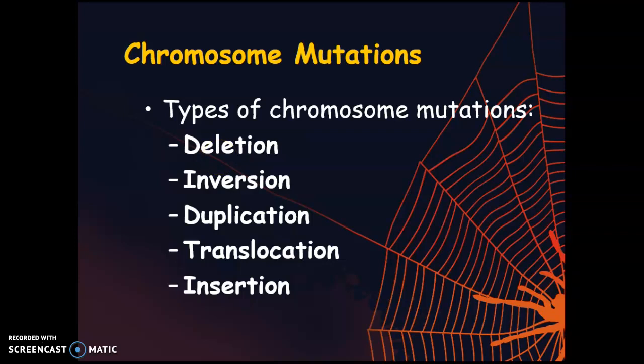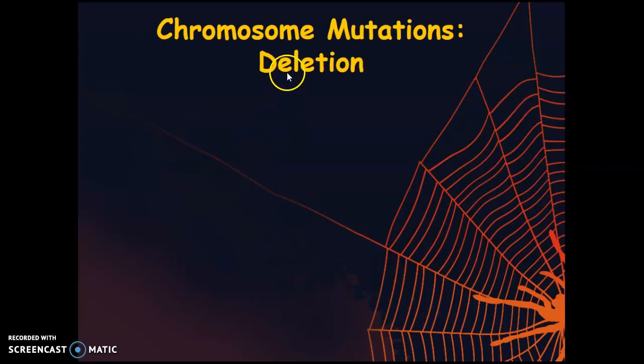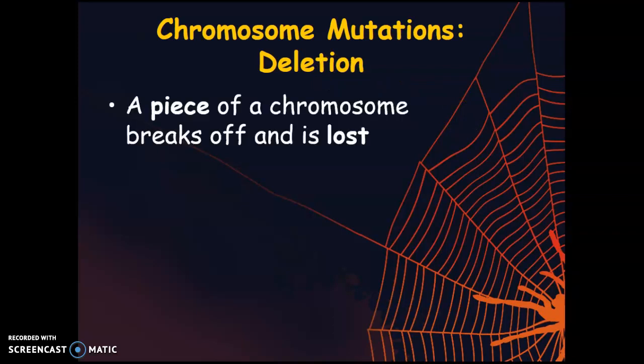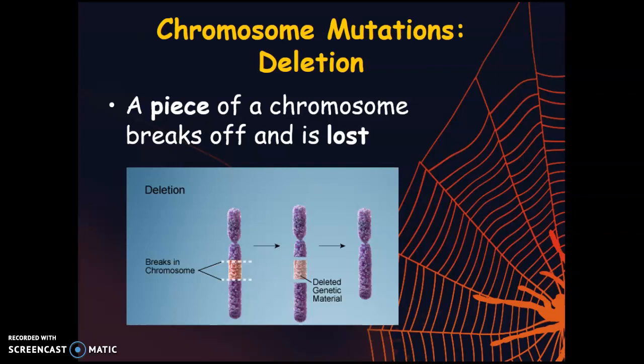Let's talk about each. So in the chart, you're writing in the name of the mutation. So in this case, it'll be deletion on the left, and on the right-hand side, the description, which usually are pretty brief. So in a deletion, we're going to see that a piece of a chromosome breaks off, and that piece is lost. So when we say that piece is lost, it will no longer be found in that cell. If a cell divides, it might end up in the other cell, for example, but it's not maintained where it belongs attached to that chromosome.